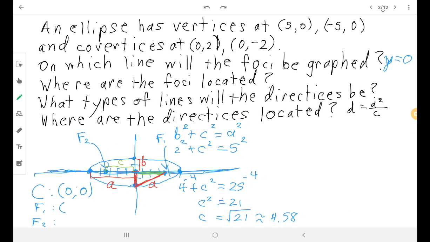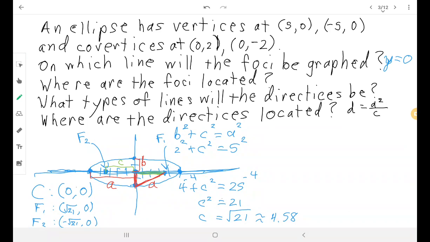That is, we're going to move in the x direction a positive amount that much. So focus point 1 will be at square root of 21 and 0. Focus point 2, we will move in the negative direction by this much. So it will be at negative square root of 21 and 0.